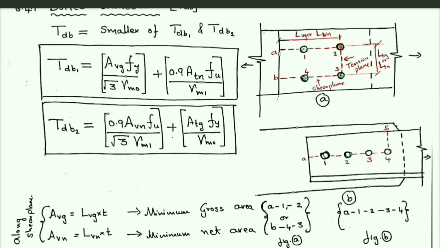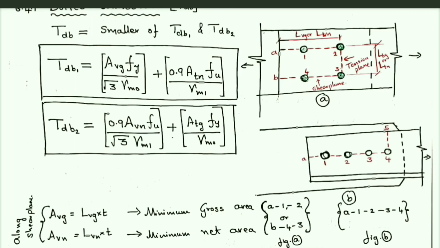So the total reduction here will be 1.5. Here in this shear plane, the number of holes to be reduced is 1, 2, 3 and 0.5. You need to take 3.5, because for the fourth hole you will not take the complete hole, just up to the middle of the hole. So the total reduction will be 3.5 holes in the total length.